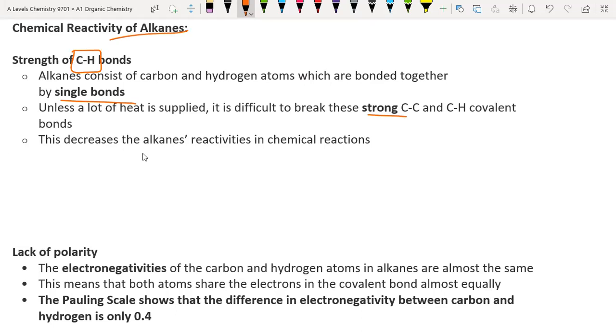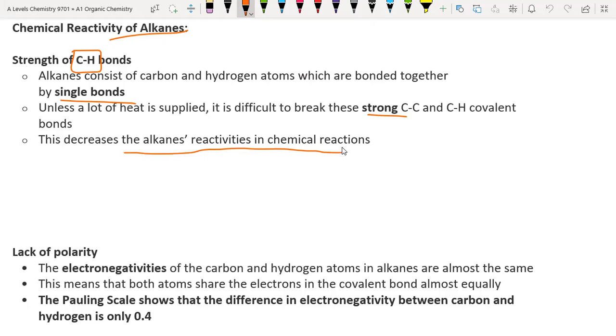This decreases the alkane reactivity in chemical reactions. The strength of carbon-carbon and carbon-hydrogen covalent bonds is much greater. That's why alkanes are less reactive than alkenes and other hydrocarbons.